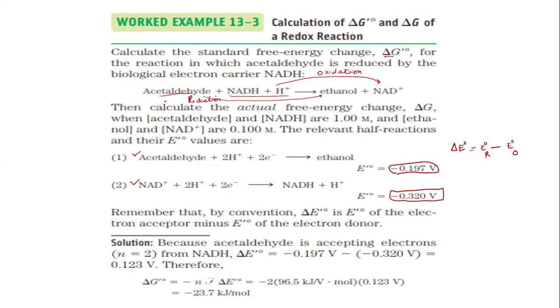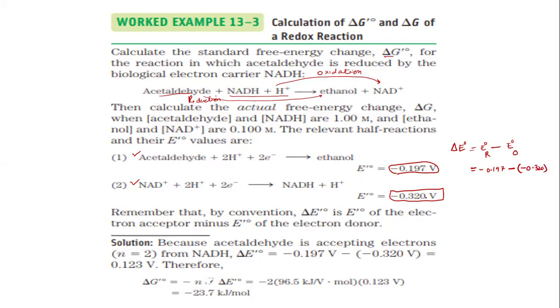In this case, acetaldehyde is being reduced, so we will put minus 0.197 here, and then minus, since NAD+ is being oxidized, we will put its value again.